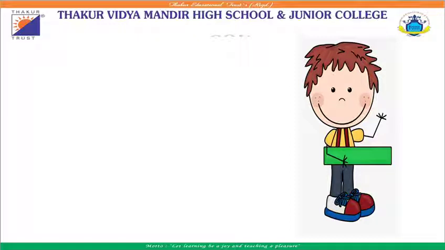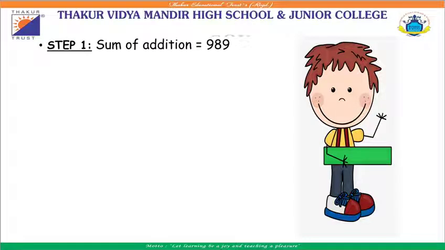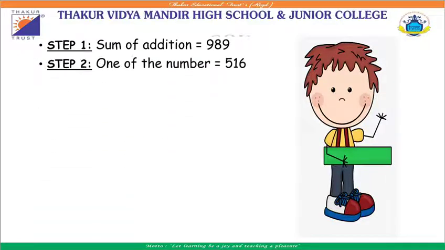We are given that the sum of addition is 989. One of the numbers is 516. So to find the other number, we are going to subtract 516 from 989.